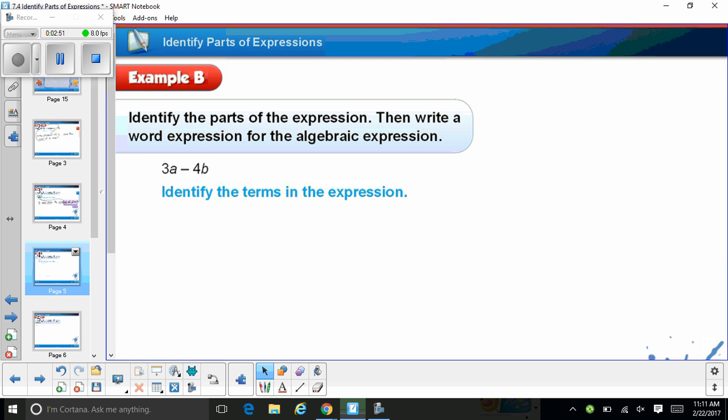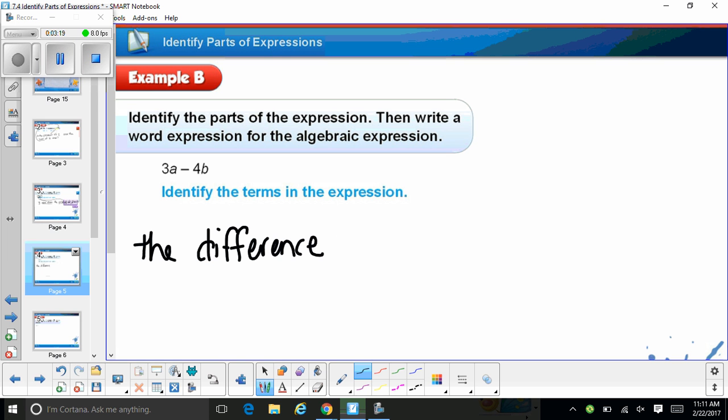So I see that I'm going to be subtracting, but I also see that coefficient again, which tells me I'm going to be multiplying. And so I'm going to be thinking of words that I use to help describe multiplying and dividing using the information I have. So the first thing I notice is that I have a subtraction sign. And so I know I'm going to be subtracting. So the difference of, then I see I have my first term. It's 3 multiplied by a.